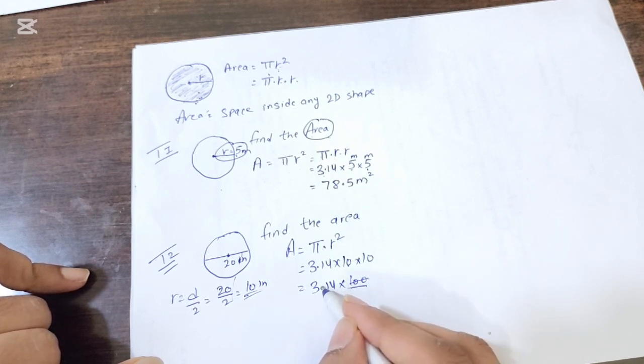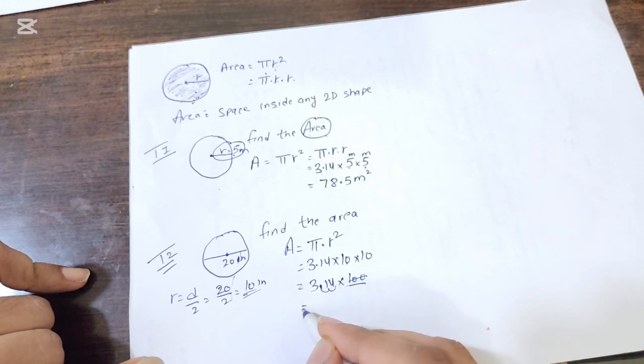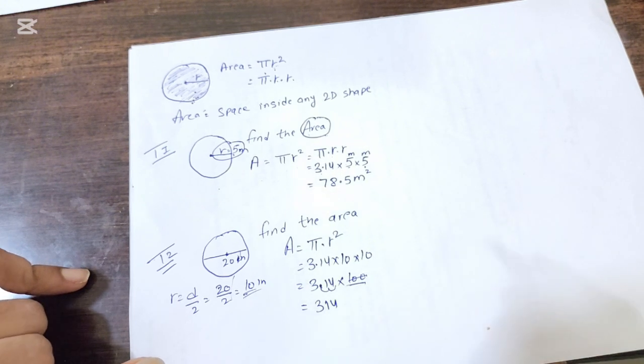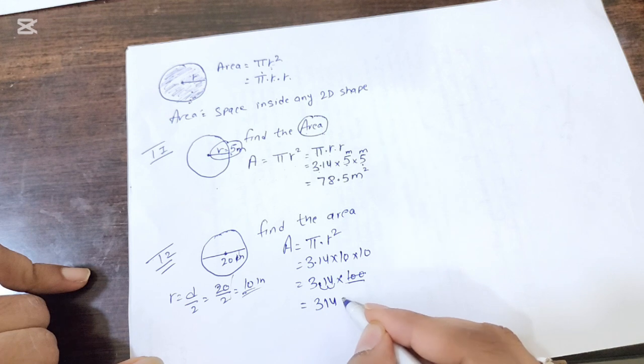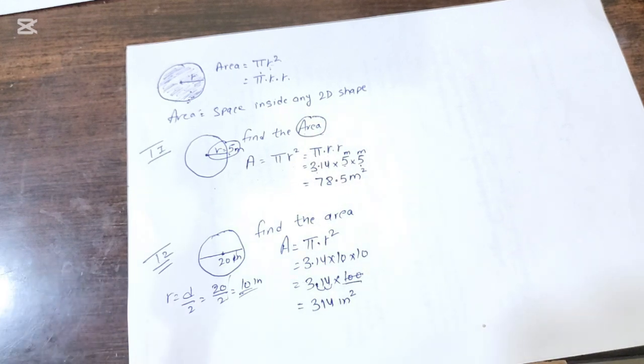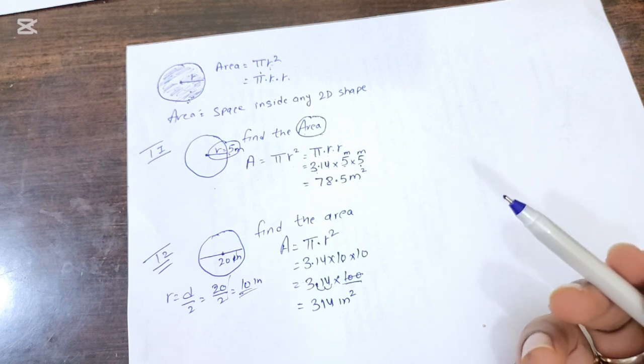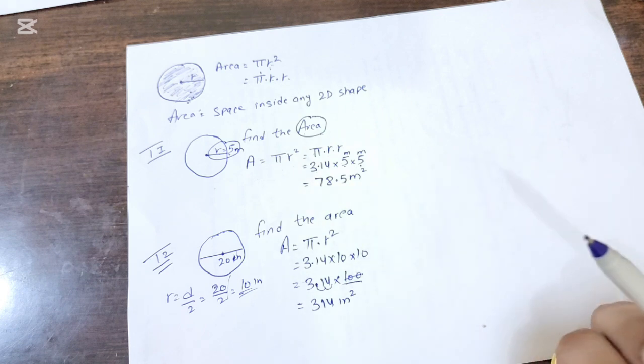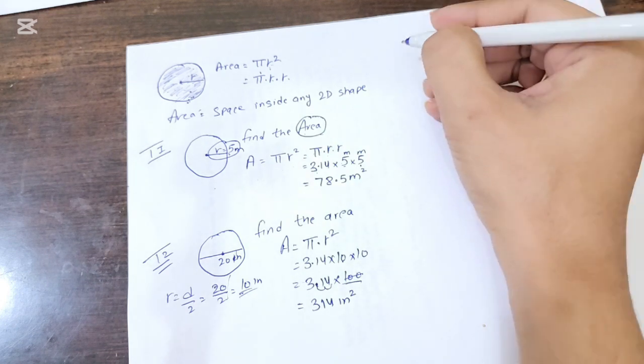So this decimal will jump 2 steps and this will become 314. Okay, 314 inch square. So this is the type 2 question in which he will give you the diameter. You have to find the radius first and then use the formula of area of the circle and solve it.